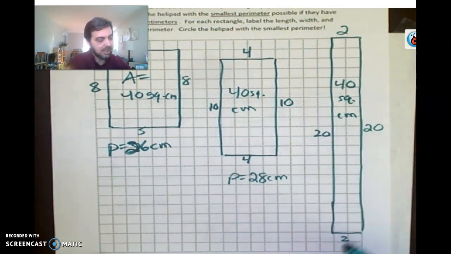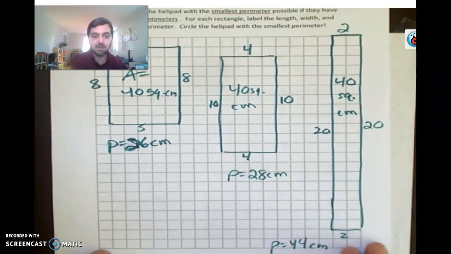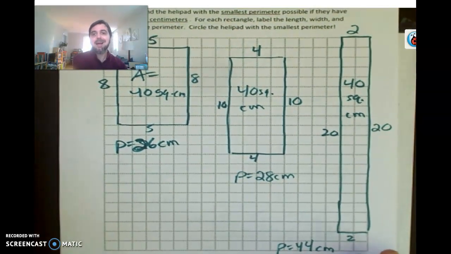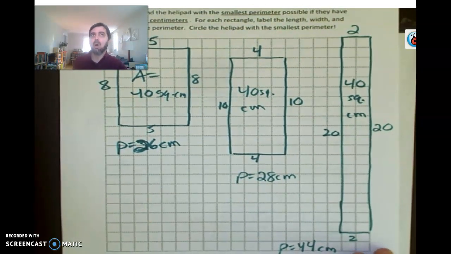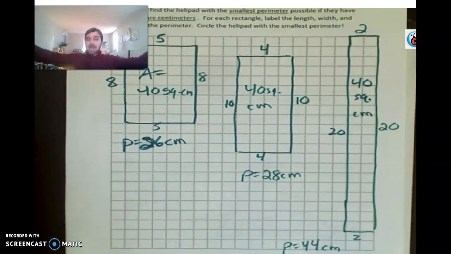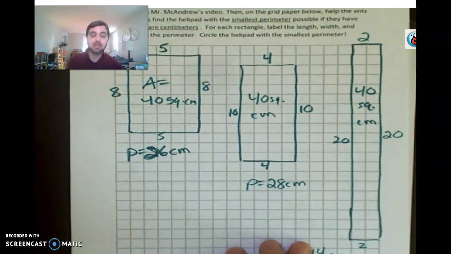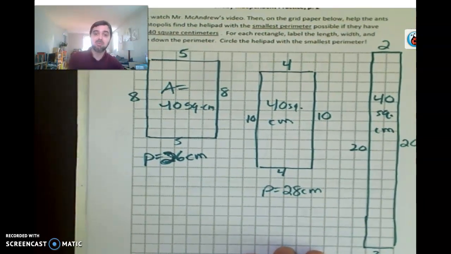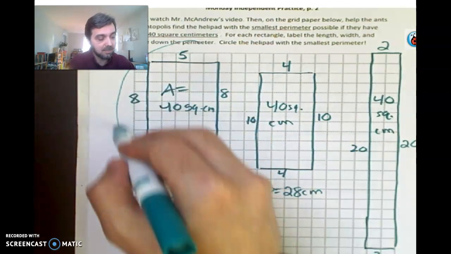That's 44. Oh my goodness, that's huge. You could do a rectangle that's 1 by 40, but that perimeter would be epic: 40 plus 40 is 80, so it would be 82. So the rectangle with the smallest perimeter is actually this one.